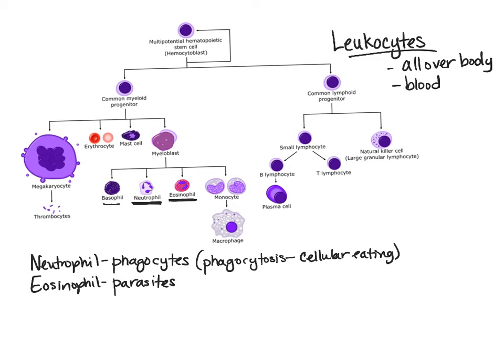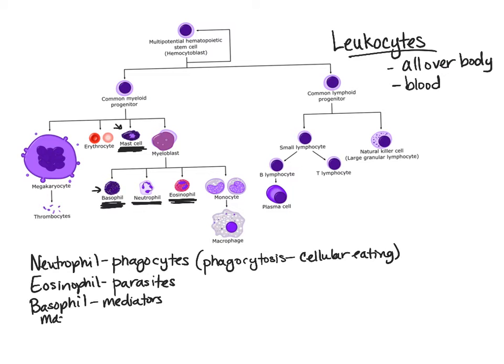Next, we'll take a look at the basophils. So our basophils as well as our mast cells. So our mast cell is up here, and then our basophil down here. These two cells, you can actually see that they have a lot of granulation, which are all these little dots there that you can see, kind of gritty looking. And those granulations, same thing with eosinophils, but our mast cells and our basophils are both mediators for inflammation.